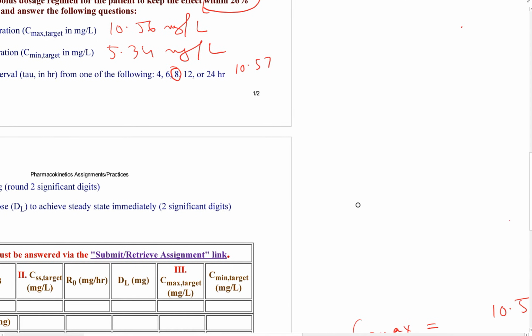So C average is equal to Cmax minus Cmin divided by ln Cmax by Cmin.